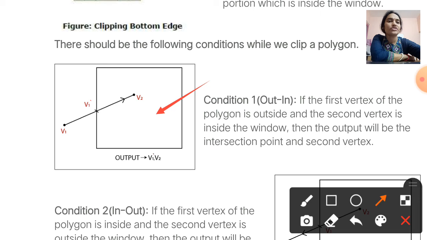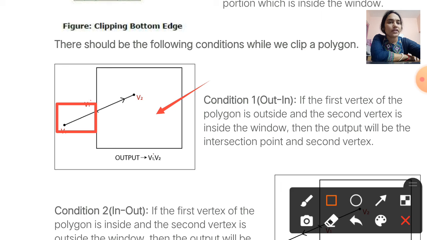In this situation, if the first vertex of the polygon is outside and the second vertex is inside the window, then the output will be the intersection point and the second vertex. V1 is the outside vertex, V2 is the inside vertex. After clipping, that much portion will be discarded.